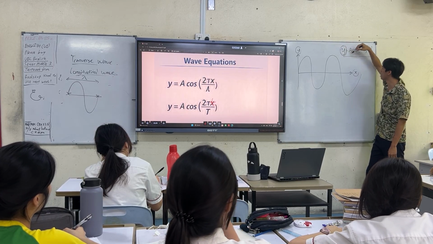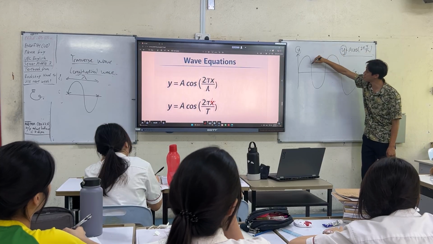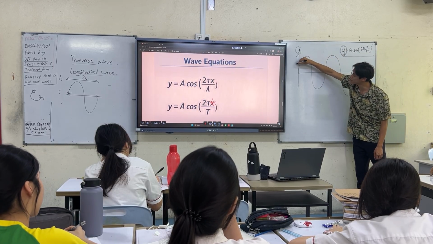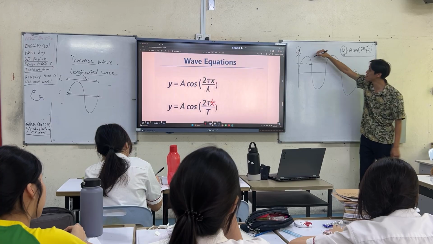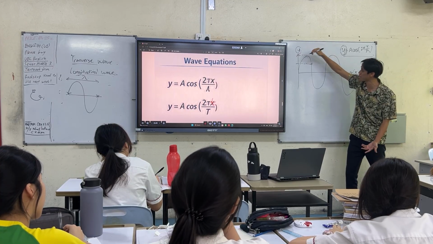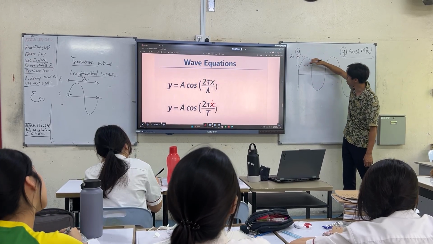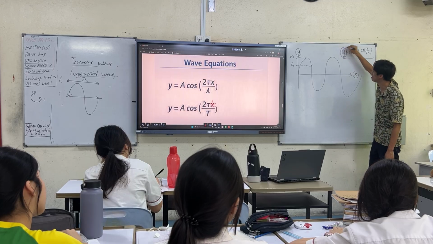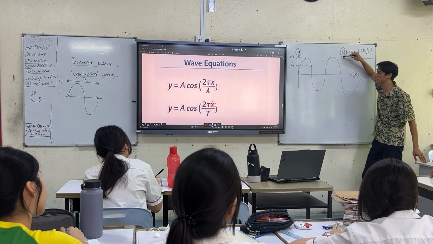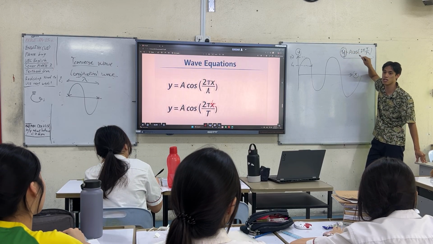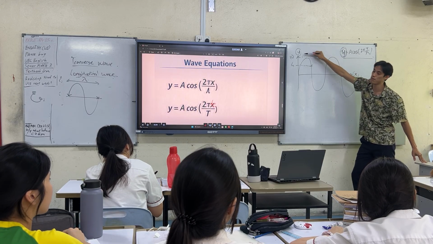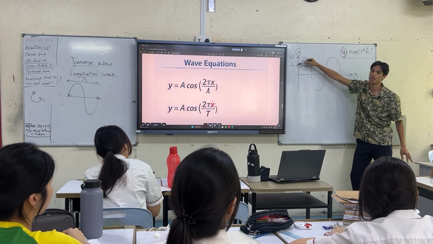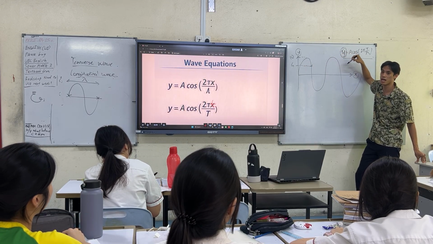For example, if I put in a value and find this point, this is the height y. The maximum height here I give as 10, so maybe here is 5. The purpose of this equation is to find the height of the wave.